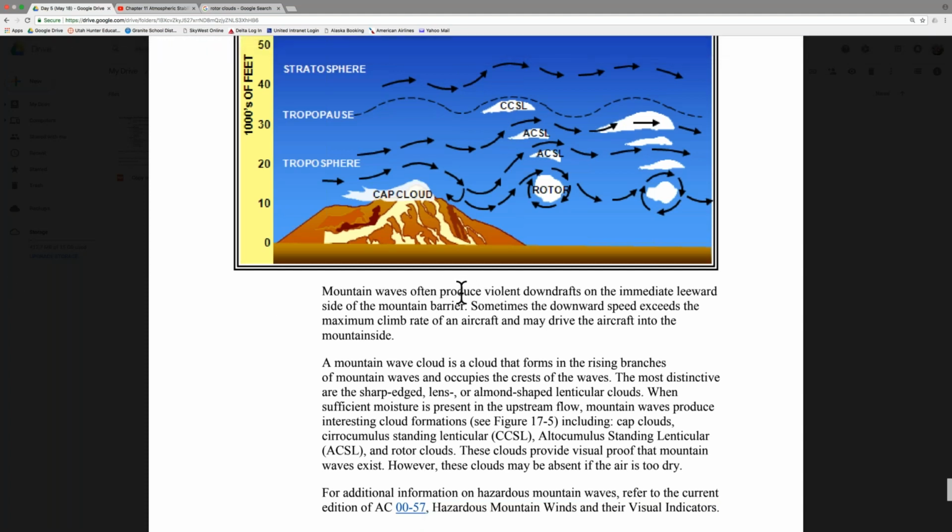So mountain waves often produce violent downdrafts on the immediate leeward side of the mountain barrier. Sometimes the downward speed exceeds the maximum climb rate of the aircraft and may drive the aircraft into the mountainside. Mountain wave cloud is a cloud that forms in rising branches of mountain waves and occupies the crest of the waves.